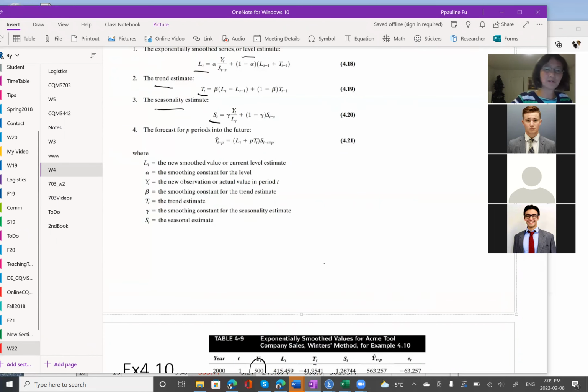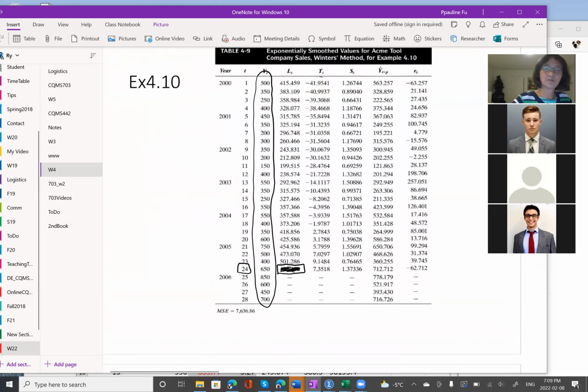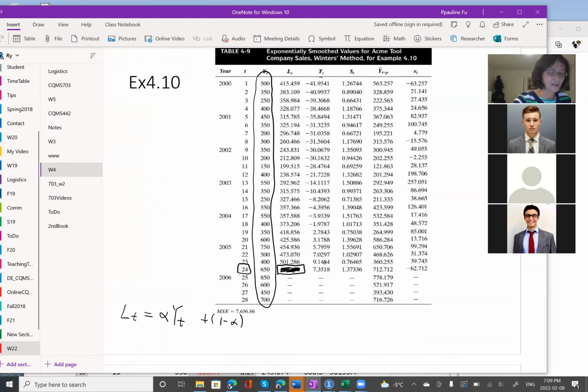I'll write down the formula here. So what is LT? LT is alpha YT plus 1 minus alpha times the bracket LT minus 1 plus T minus 1. What I try to explain is, when T equals 24, what is L24? That is my question.